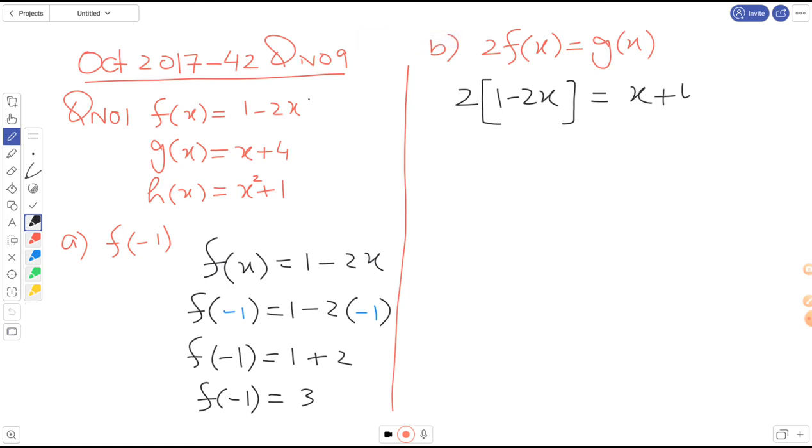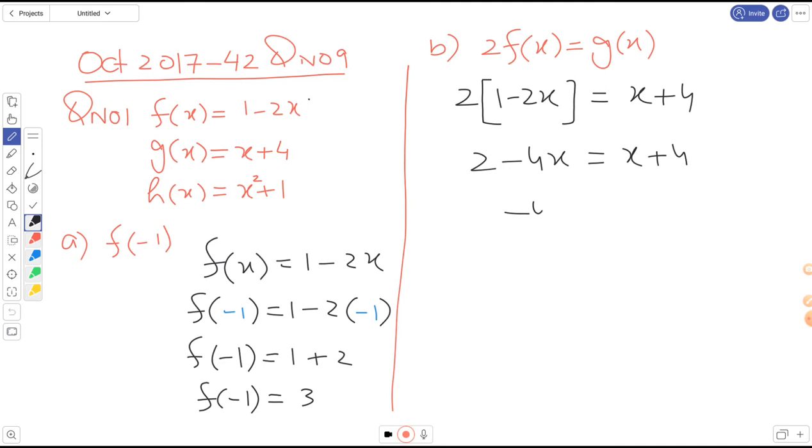X plus 4. Now this 2 multiplying with both, 2 ones are 2, and 2 2s are 4, and minus 4x I'm having here, and equals to x plus 4. And now my target is to get x. So bring x on the left hand side.